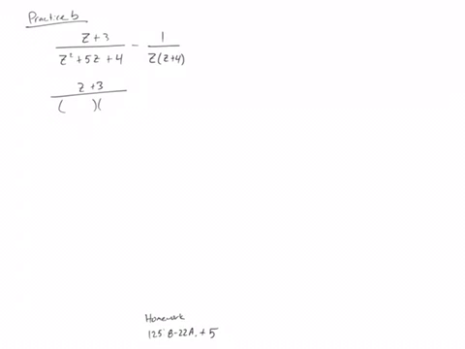My denominator is going to be, well, I'm going to have a z and a z. And I'm going to have both positives, because that last one's positive. I need to find factors of 4 that add up to 5, which I think will be 4 and 1. And minusing 1 over z times z plus 4.